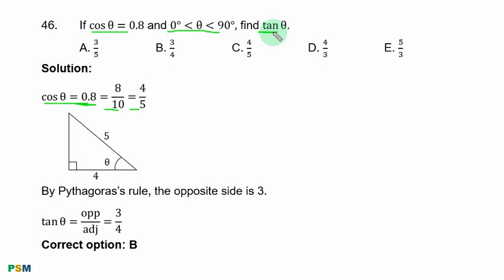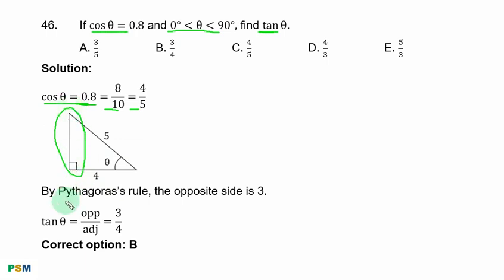To get it, you draw a right angled triangle using the information about cosine. So here is the acute angle. You have hypotenuse, adjacent. This other side is opposite, unknown.